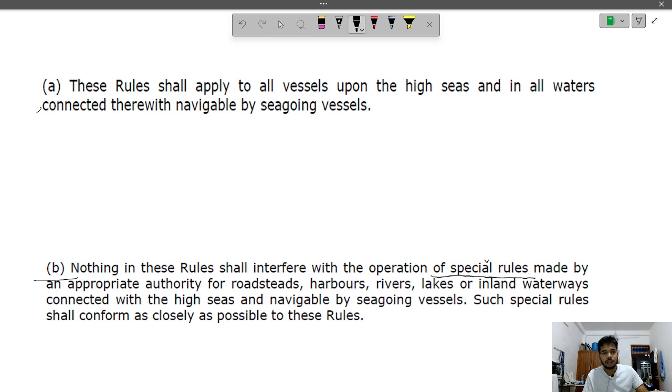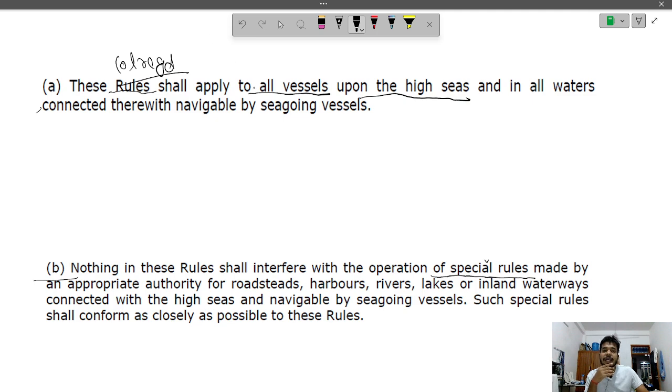So the clear understanding of this rule is that these COLREGs will apply to all vessels, meaning all types of vessels. It is any vessel which is sailing upon the high seas and in all waters connected therewith navigable by seagoing vessels.